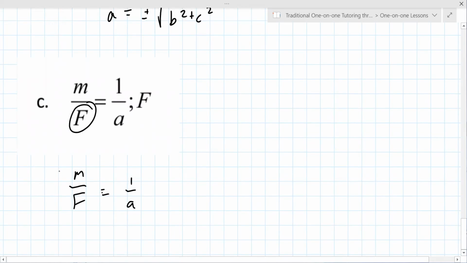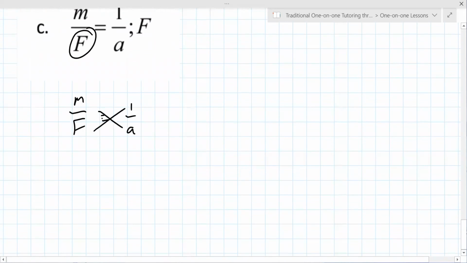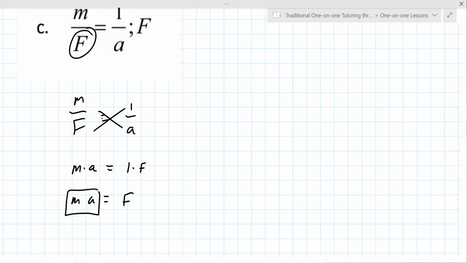The other way is to actually multiply by the variable on both sides of the equation. Both will work, but I think cross multiplying is a better general strategy. So you have M times A equals 1 times F, or just F. And we're done because we were asked to solve for F, and there it is. Got it.